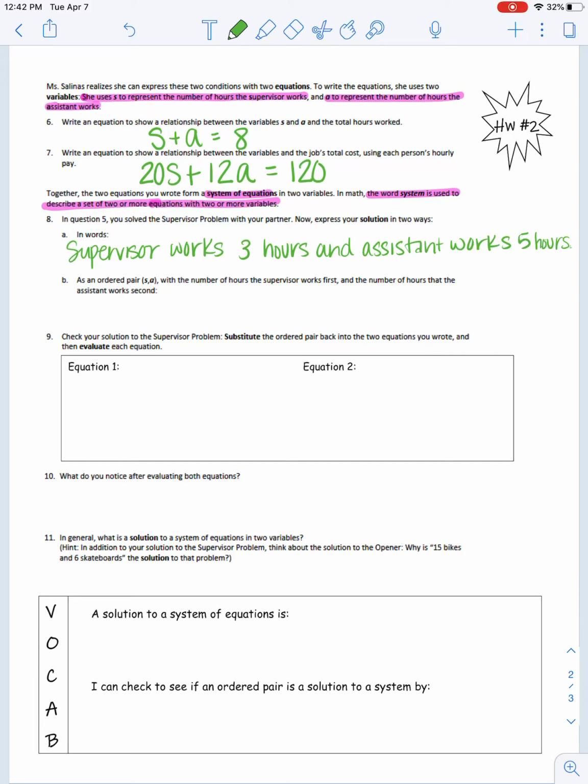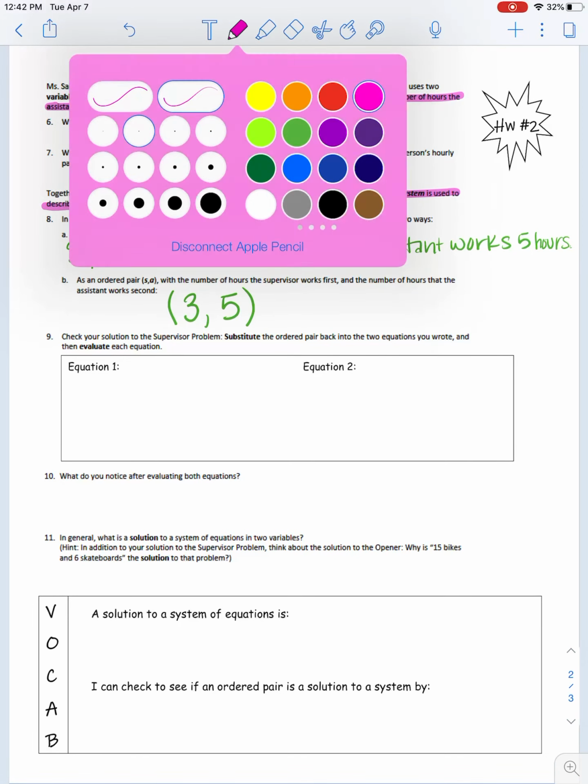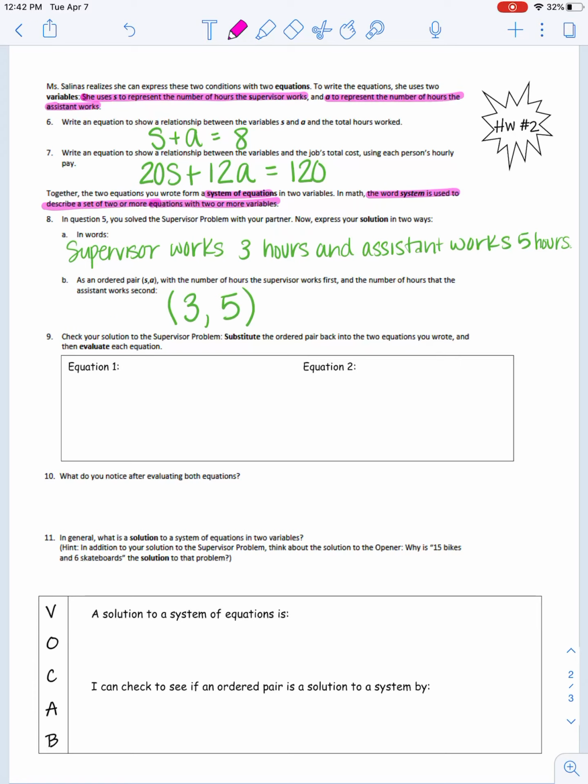Next you're being asked to write it as an ordered pair, S comma A. Well, supervisor was 3, assistant was 5. So there is your ordered pair.